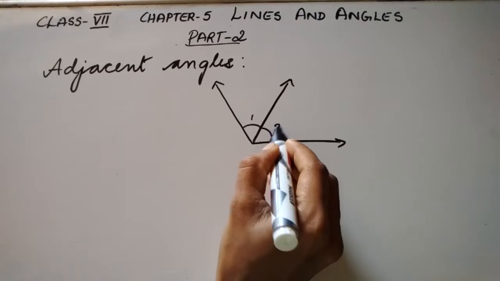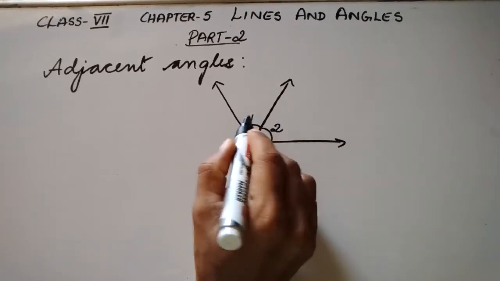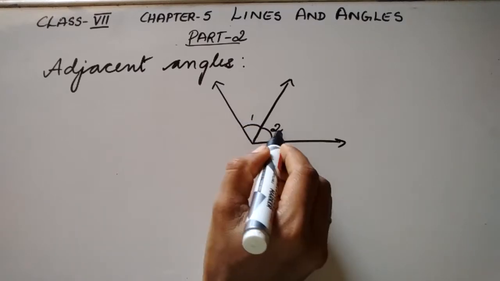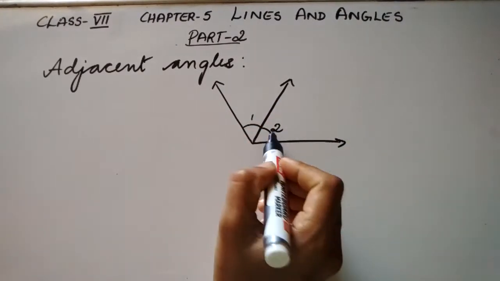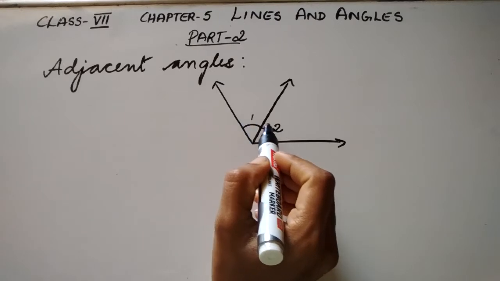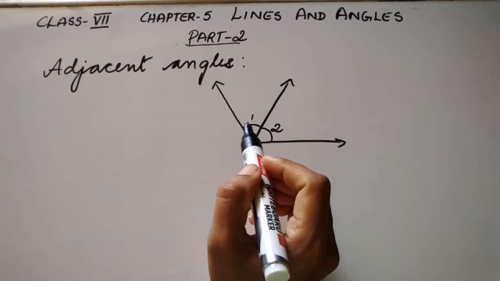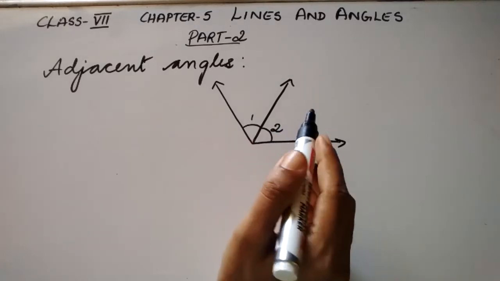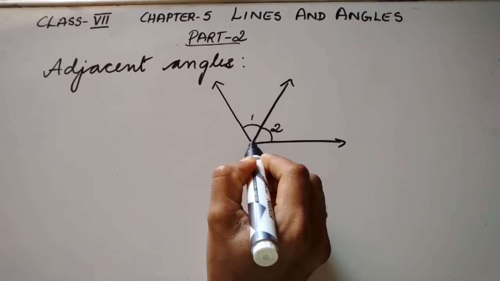This angle 1, angle 2. A pair of angles are placed next to each other, and this angle is next to this angle, isn't it? They are placed next to each other. So these angles are such that they have a common vertex. Vertex means they have a common point.